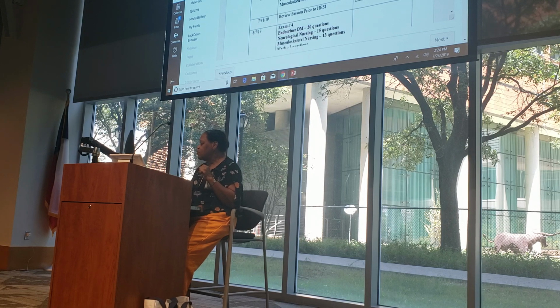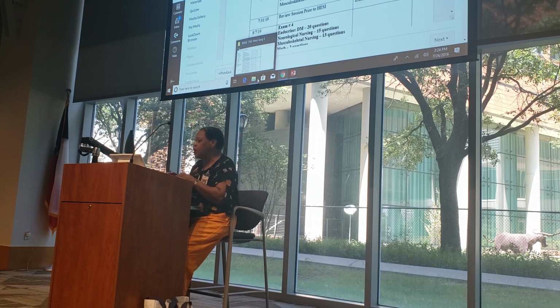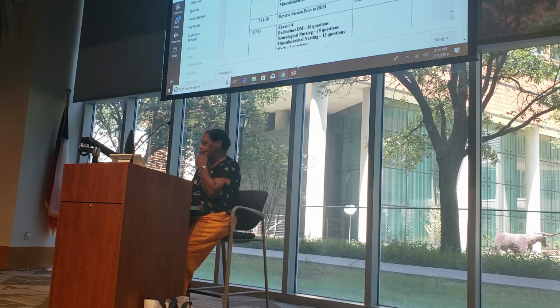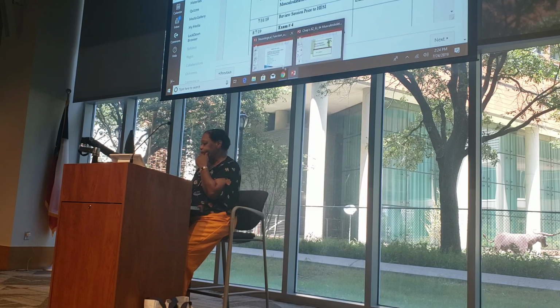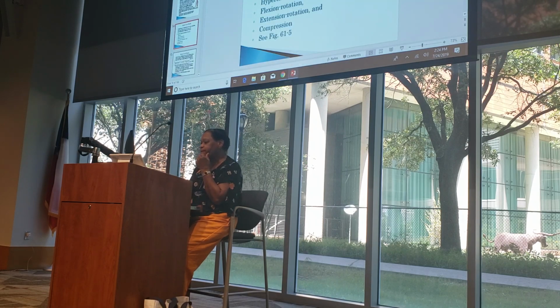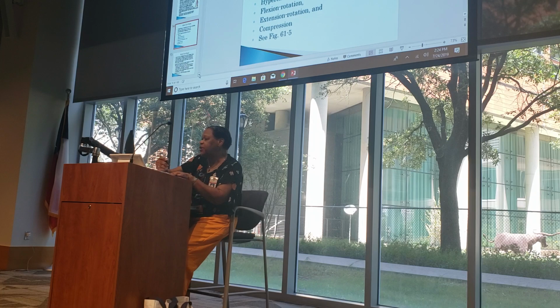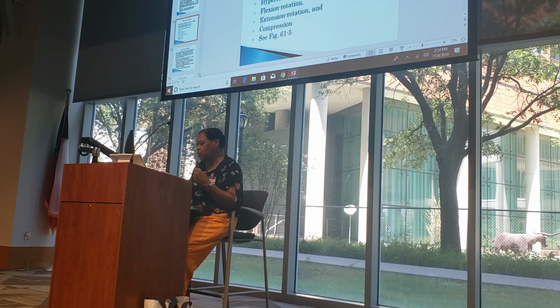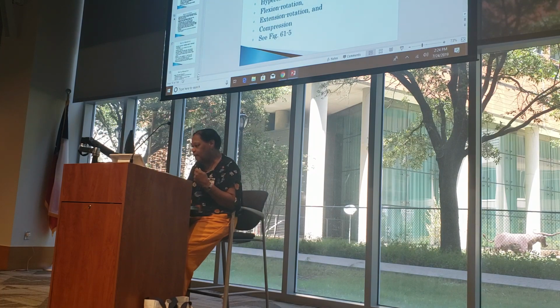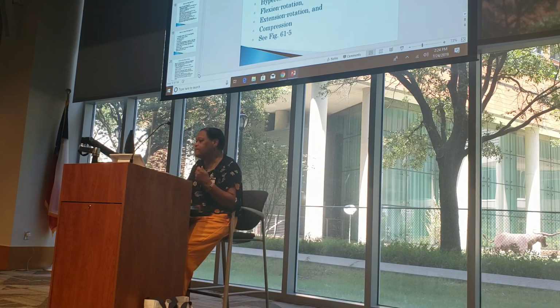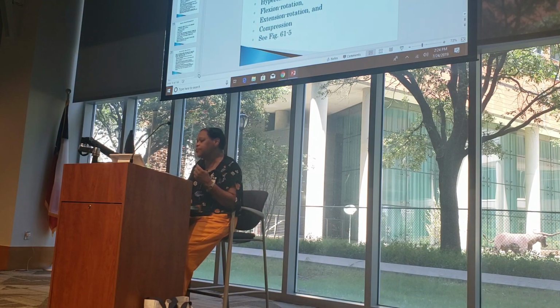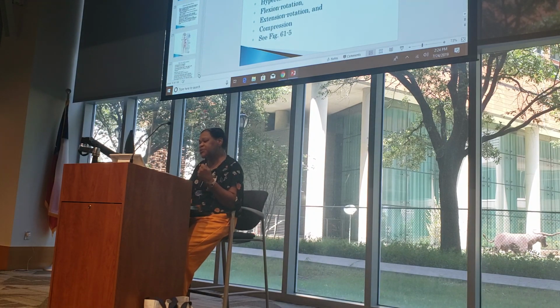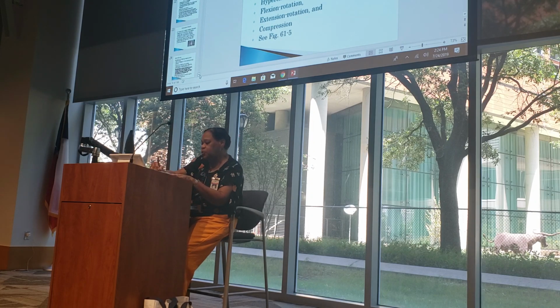If you want to look on page 606. So no spinal cord injury. And that's going to be 14 through 22.